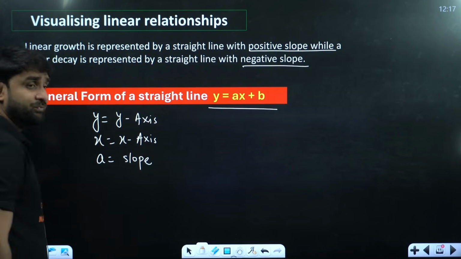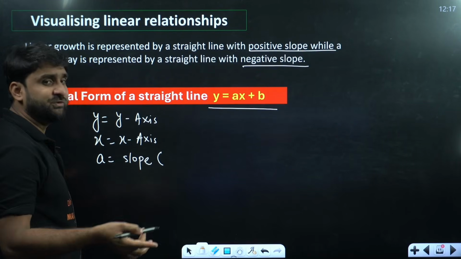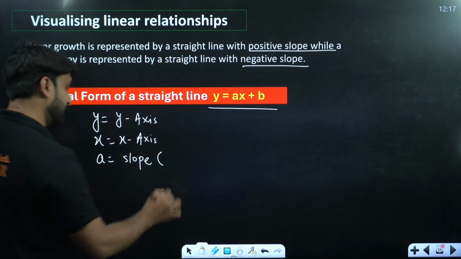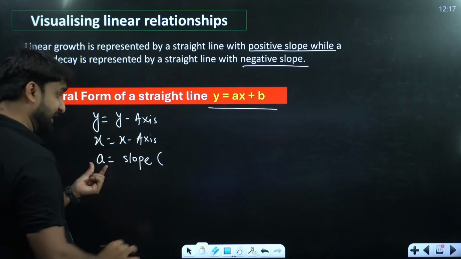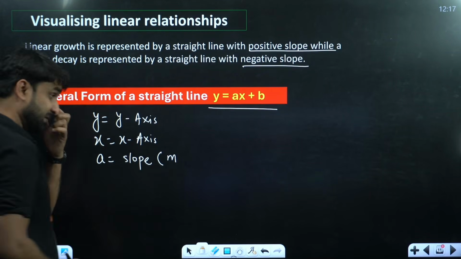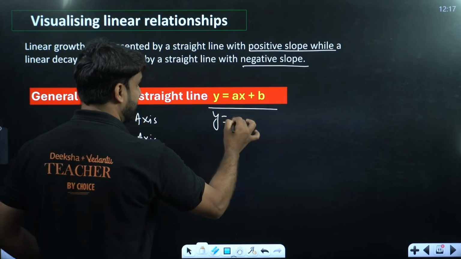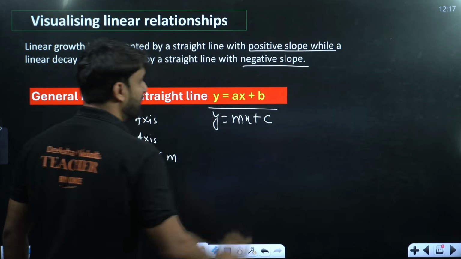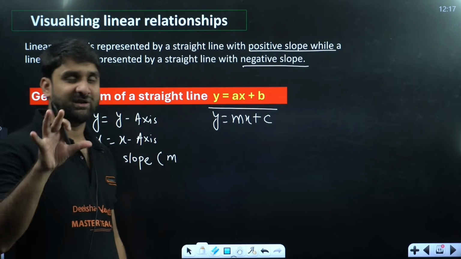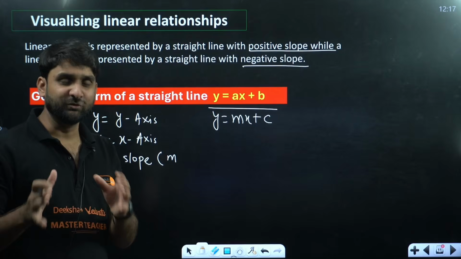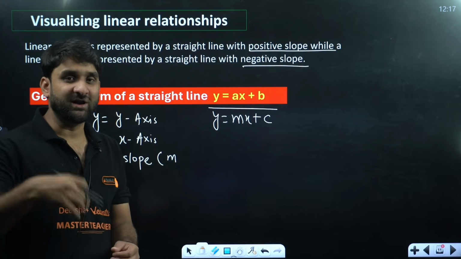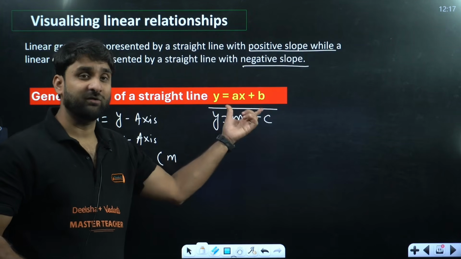A is slope. In higher standards, in PUC first year, in class 11 CBSE, you will be talking about A. This A is represented as small m. So basically the general format in higher classes is y is equal to mx plus c. But here in class 9th, according to the new syllabus designed by CBSE, we are studying the straight line in this format, y is equal to ax plus b.